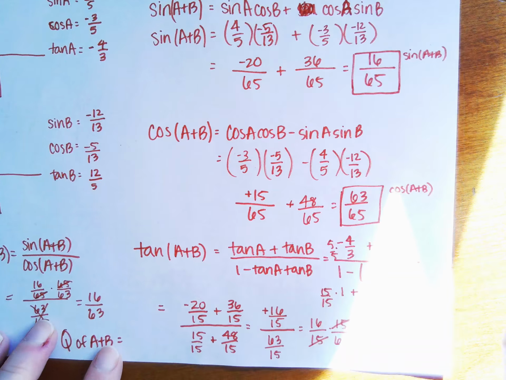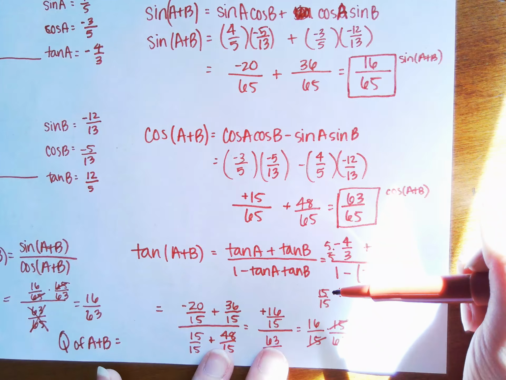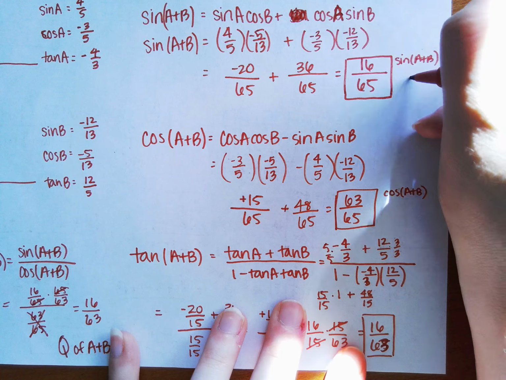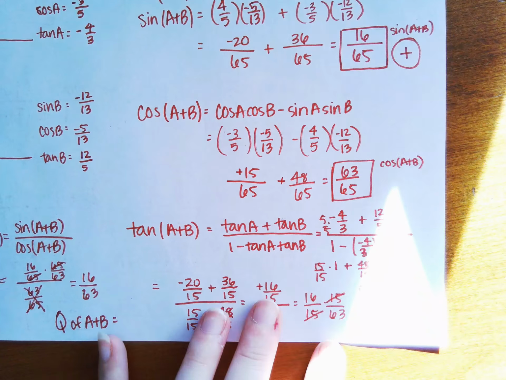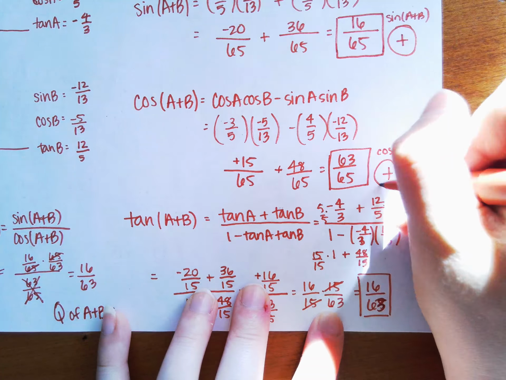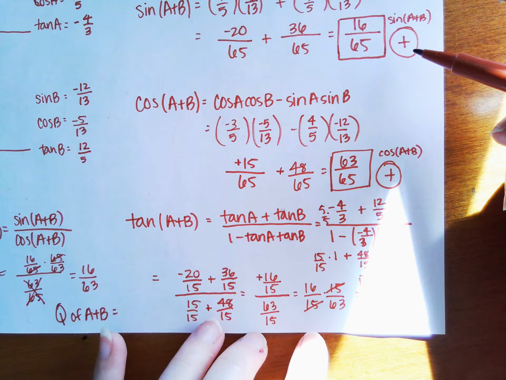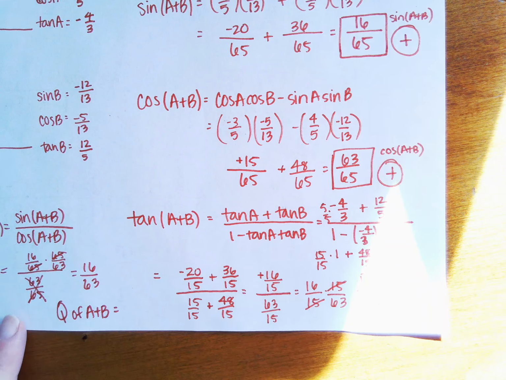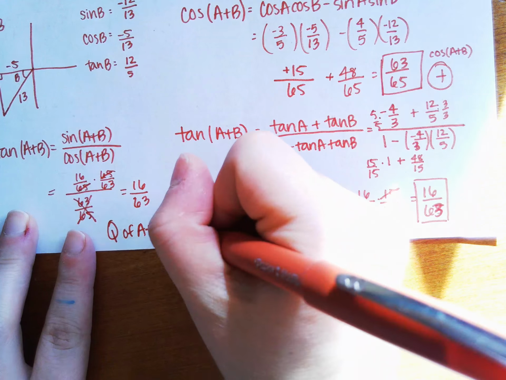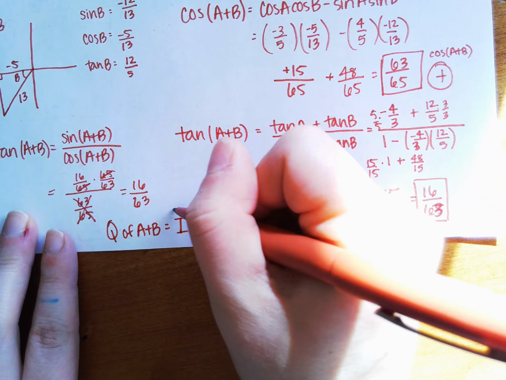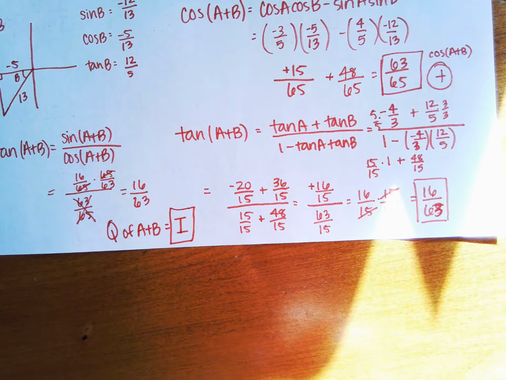We do have sine, cosine, and tangent. The sine of A plus B is positive. The cosine of A plus B is positive. So really we're looking for where sine is positive and cosine is positive. That happens in quadrant 1. So the quadrant of A plus B is going to be 1.